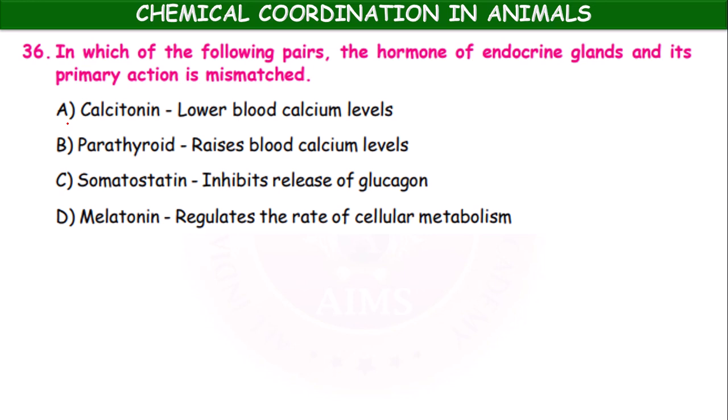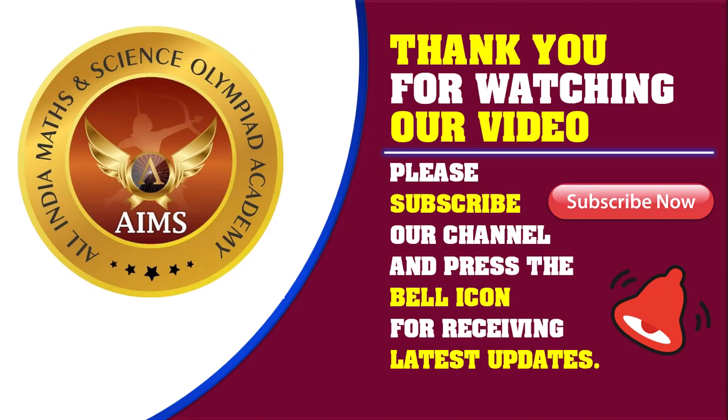Calcitonin, lowers the blood calcium levels; parathyroid, raises blood calcium levels; somatostatin, inhibits the release of glucagon; melatonin, regulates the rate of cellular metabolism. Which one? Melatonin, which regulates the rate of cellular metabolism.